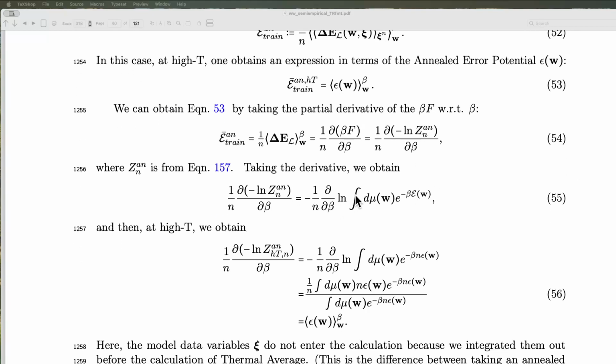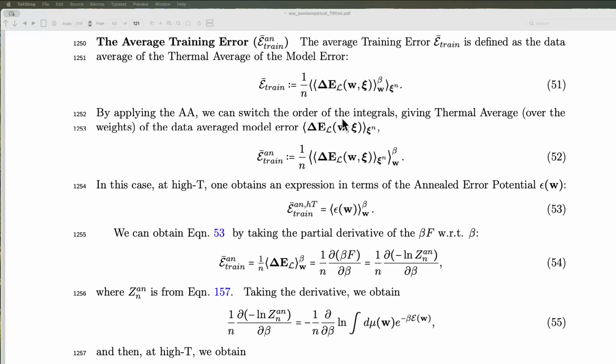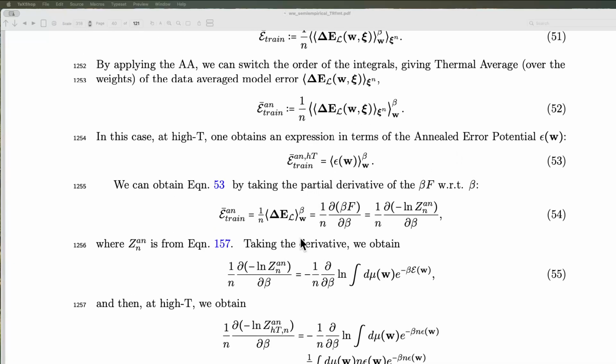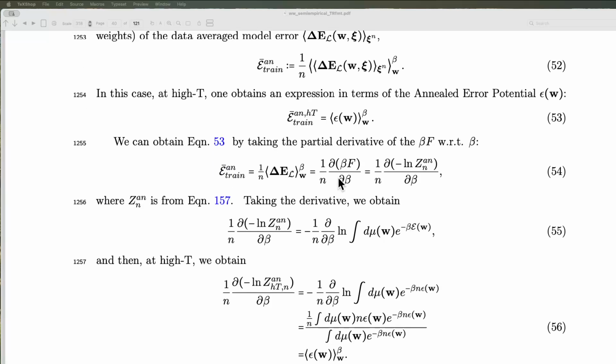And so we get basically this expression. I think what we're doing, I see, we're basically just deriving this. We're proving 53. So if you go through and work out all the math, what I tried to do in this section is derive everything pedagogically very carefully.